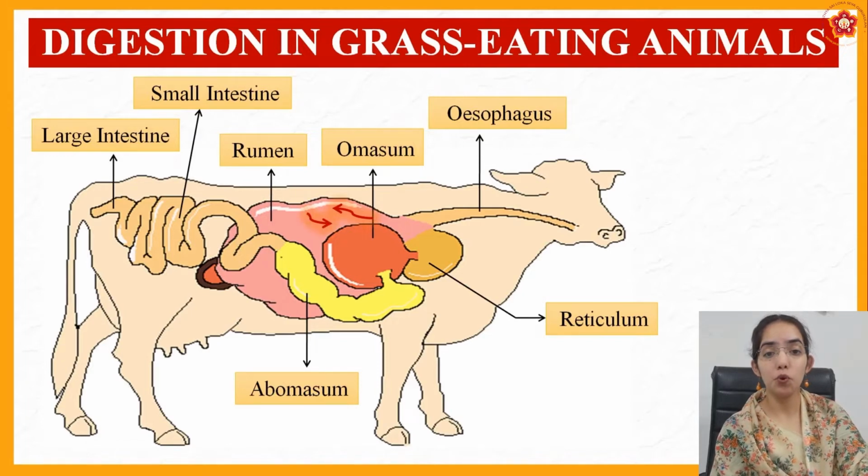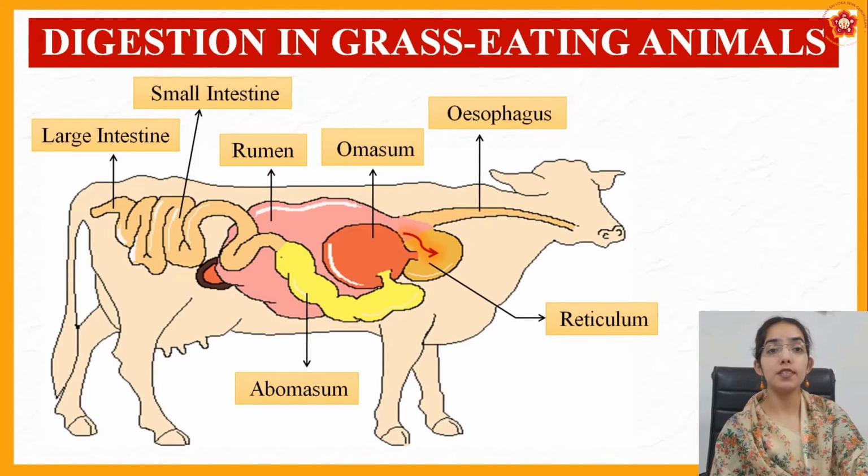Now this food will again go back to the mouth. This time the cow will chew the cud. We studied earlier that this partially digested food is called cud, and now the cow will chew this cud properly. Once it has chewed the cud properly, it will again go back into the stomach.